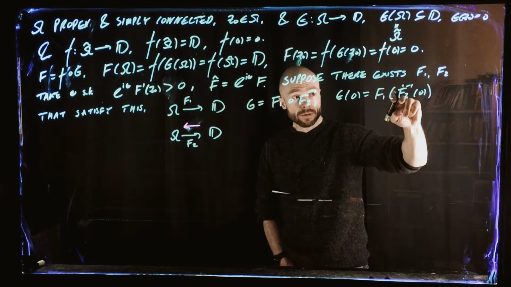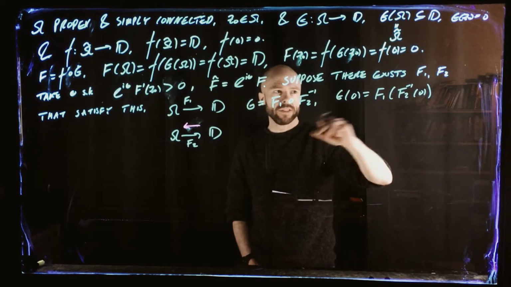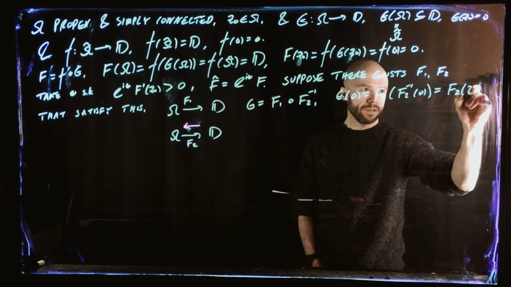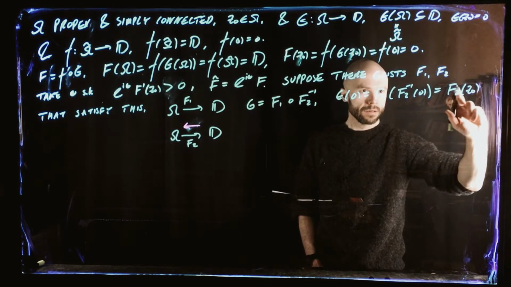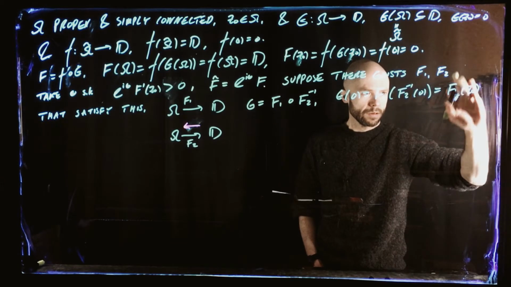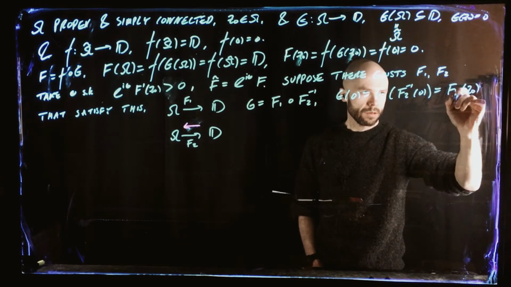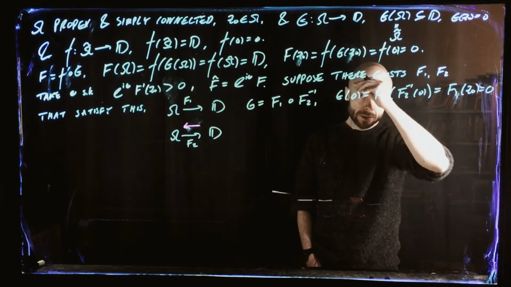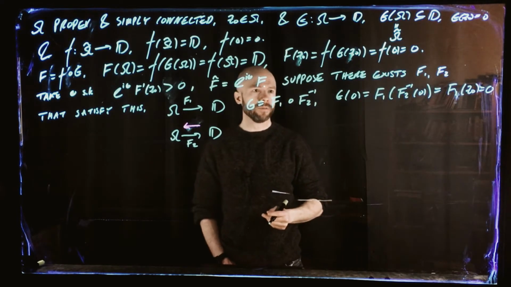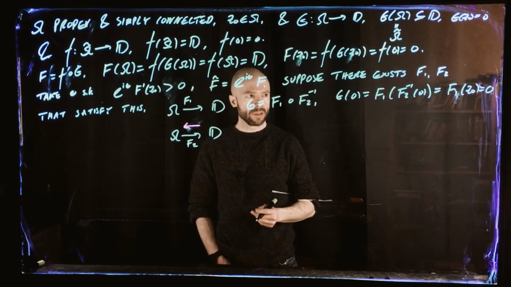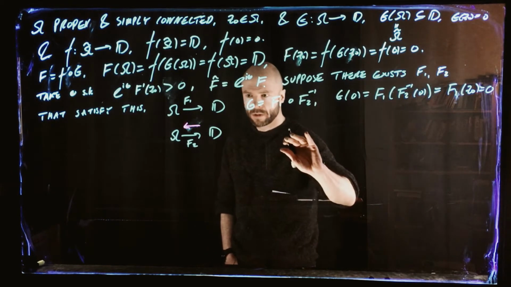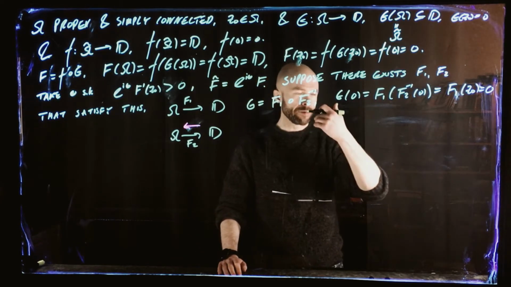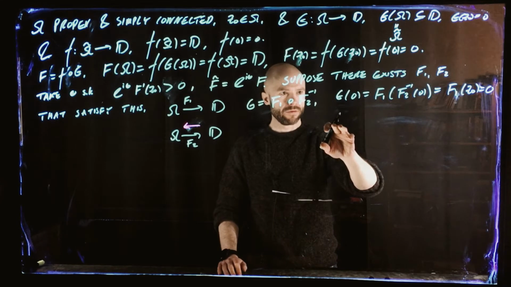So f2 maps z0 onto 0, so the inverse sends 0 to z0, but then f1 sends z0 to 0 as well. So this mapping is fixing 0. So we have a diffeomorphism of the disk that fixes 0.